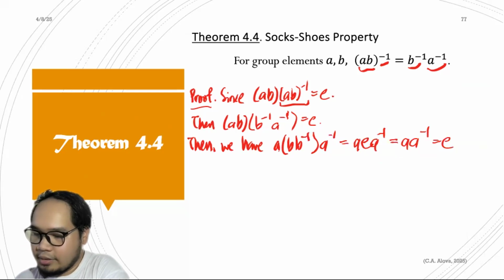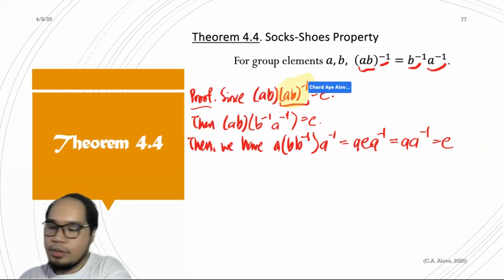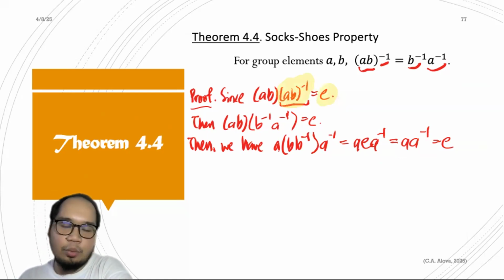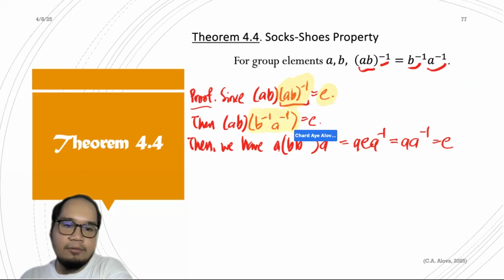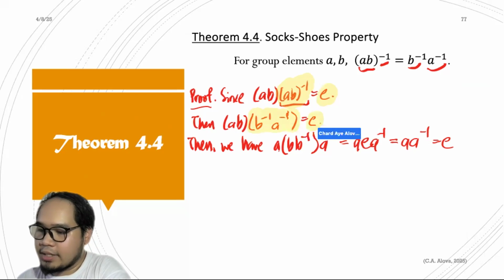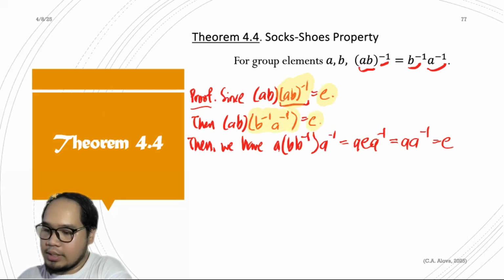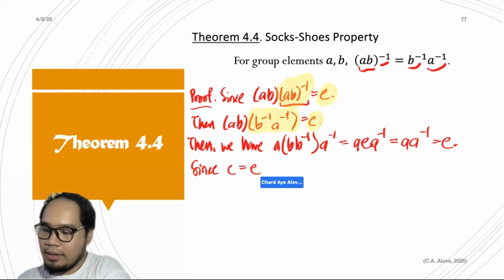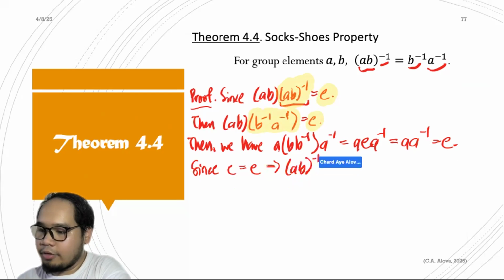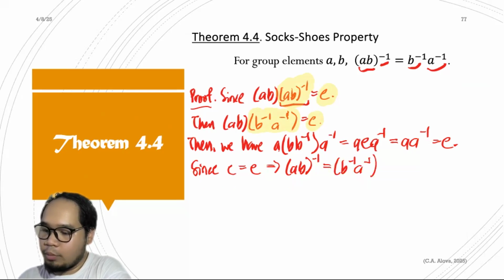So notice that ab times (ab) inverse gives us e, and at the same time, ab times b inverse a inverse also ends up with e, as shown above. This tells us that, since e is equal to e, (ab) inverse is equal to b inverse a inverse, because when we operate each with the same element ab, both end up with the identity.